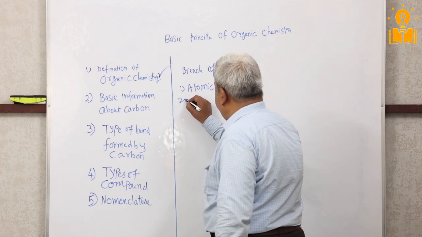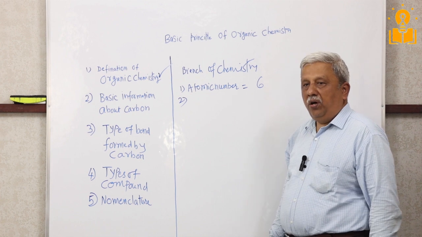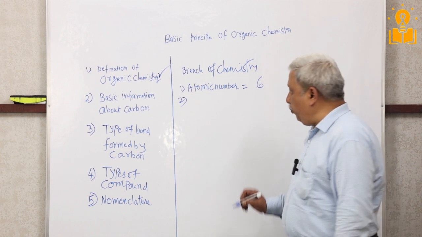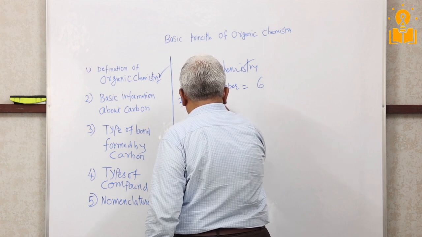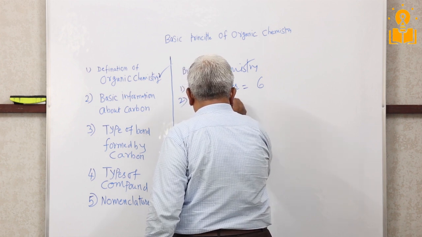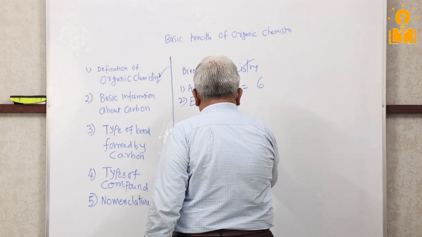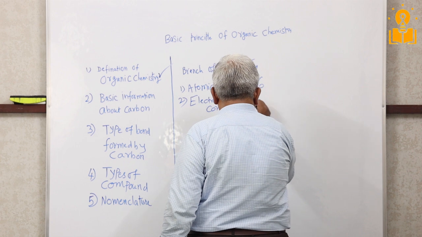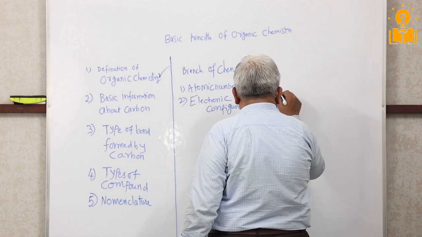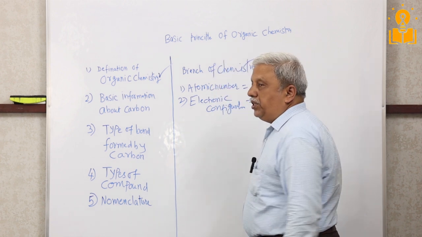The second basic thing we should know is its electronic configuration. That is 2 and 4. This is in shell form.